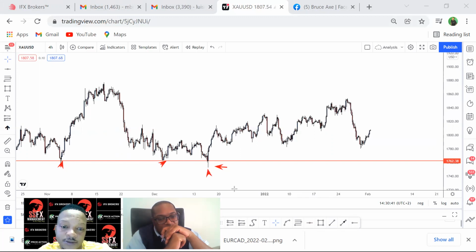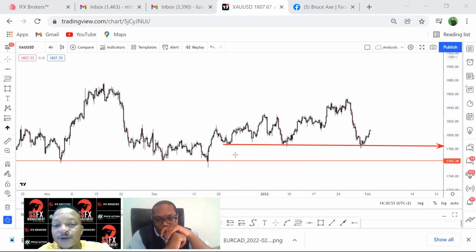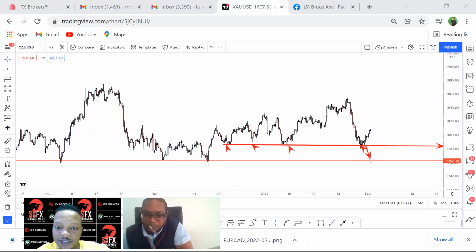This was a fake breakout, a fakey, we call it. Another one is here. It failed to break, bounced here, bounced there, the same level as this one. If price breaks this level, it was going to turn here on this demand zone.